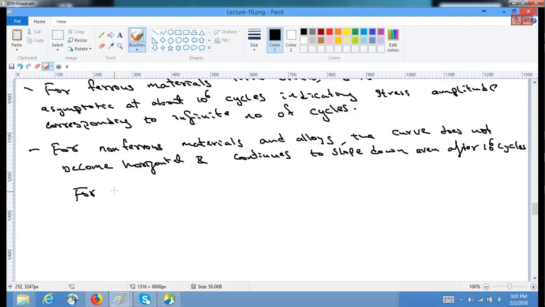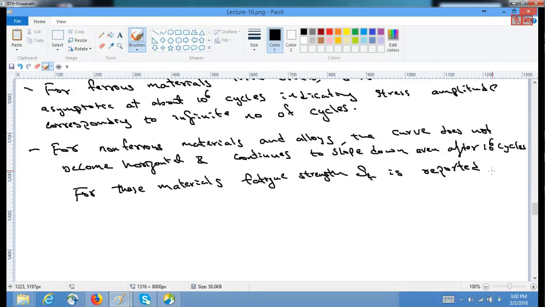For these materials, the fatigue strength SF is reported at a specific number of cycles. So with this, we have understood what fatigue strength is and how much a material can take.